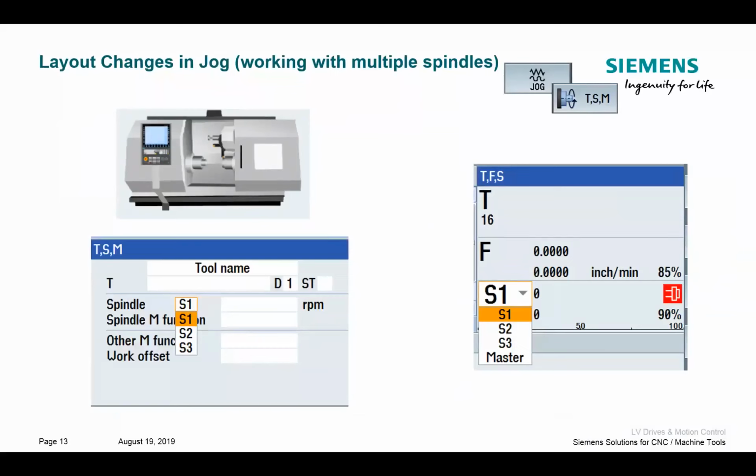If your machine happens to have a touchscreen or a mouse, you can click on it, or you can tab over to that location and use the next window button to move around between the different panes if you don't happen to have a mouse or touchscreen on the control. But you'll do a pull down, and then you can derive with the select key which of the spindles I want to command, that would be through the TSM screen that I see here on the left, and then which of the spindles I'm going to be viewing.